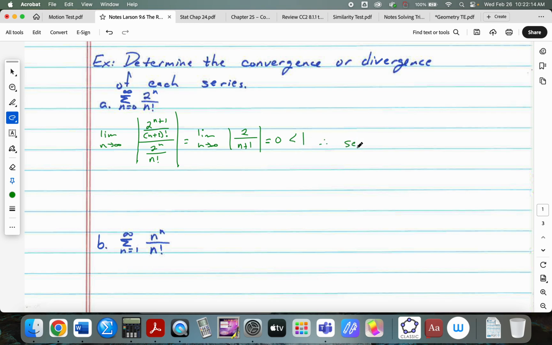Therefore, this series converges absolutely. Now, I really didn't have to worry about the absolutely because it was all positive terms anyway. But if it had had some negative terms in it, I could still say that this converged absolutely.